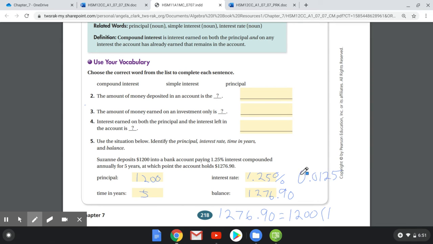We always have to add 1. And if you want to remember why, I derived the reason for that in the last section. And that's going to be to the power of 5. The power is always going to be the number of times the thing has occurred. So we've gotten interest 5 times. So this is going to be 5.